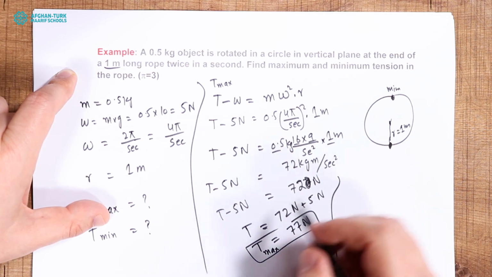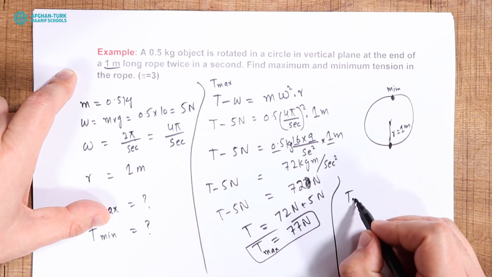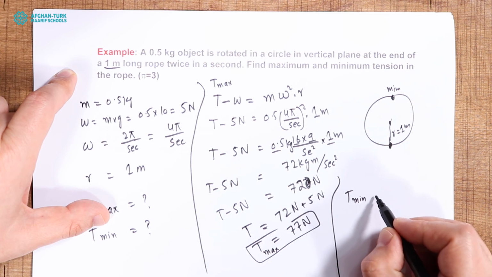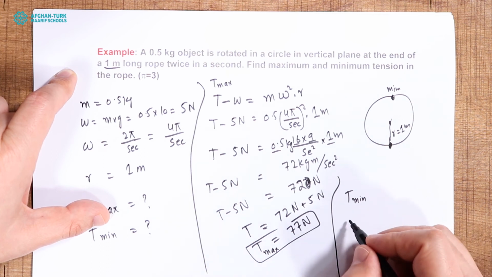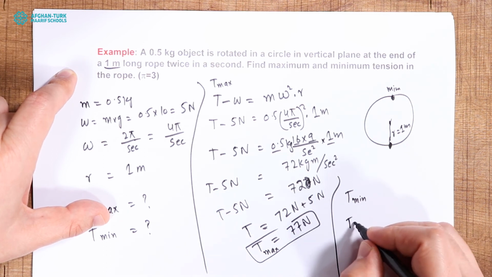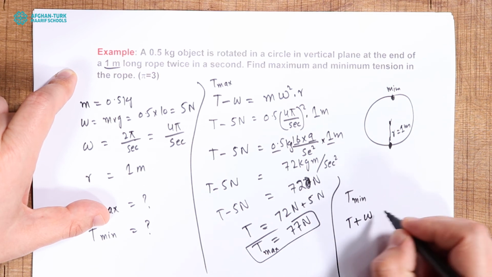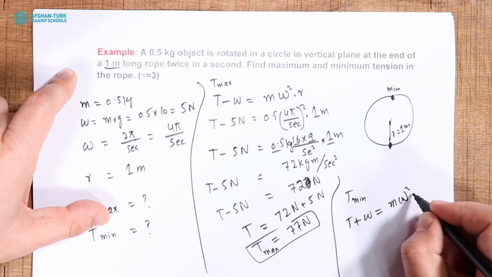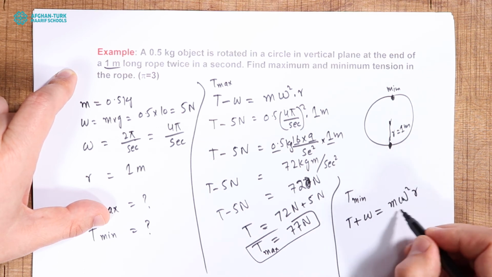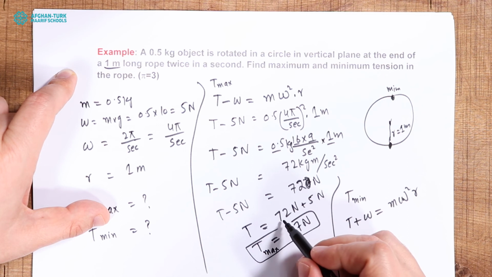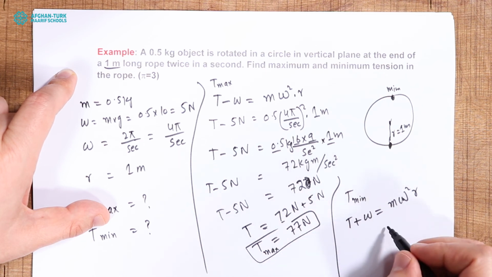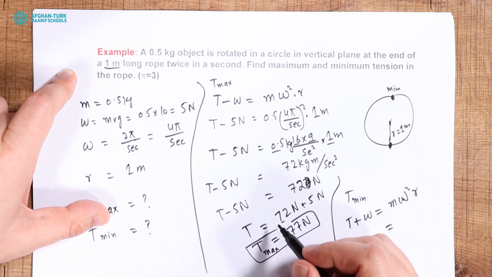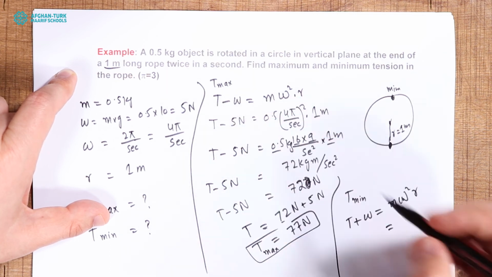If you find the T minimum, just write the formula T plus W is equal to m omega square r. We already found this part, which is equal to 72 Newton, when we found the T max.